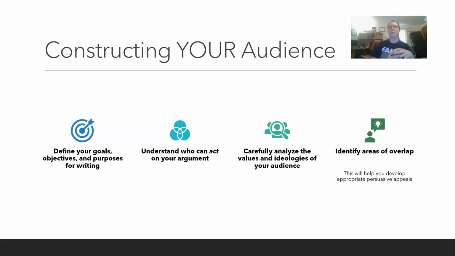So this is where you go through and you think, okay, while writing to the PTA might be helpful and it might be a good opportunity to receive feedback on these ideas, the PTA cannot implement my argument. They cannot implement later start times for the schools.